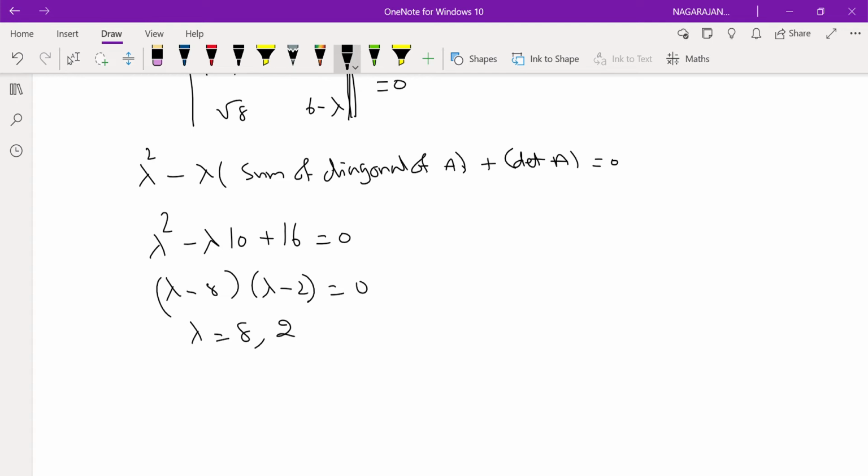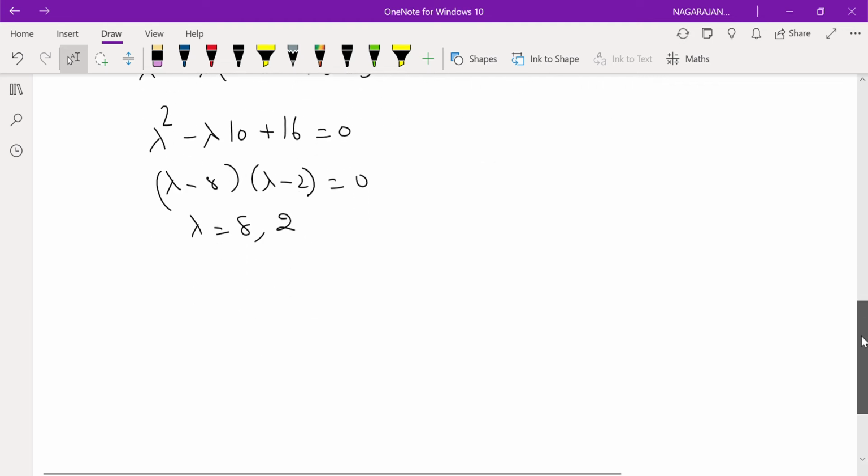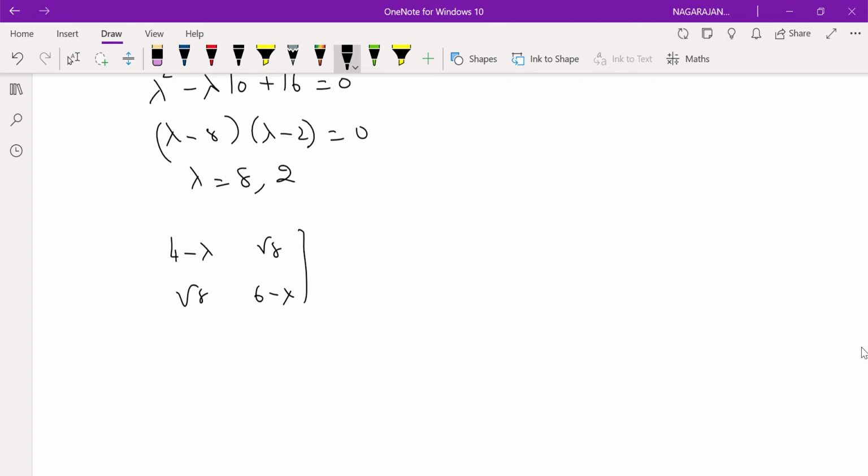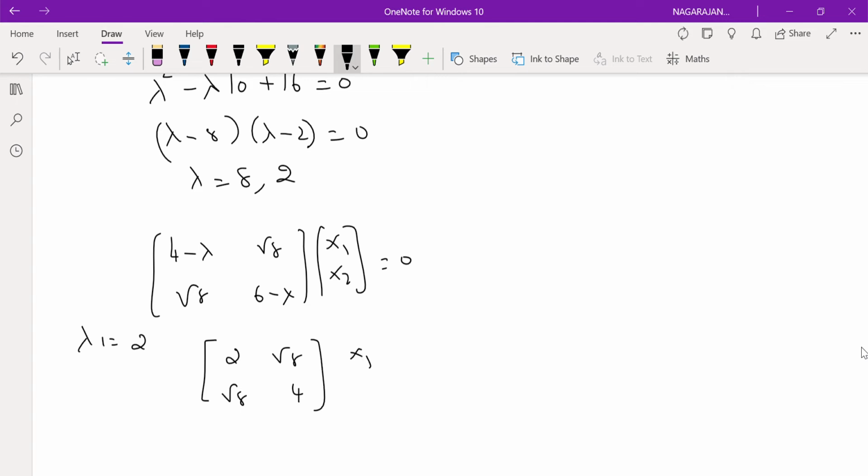Now find the eigenvectors corresponding to the lambdas. Here, (A minus lambda I) x equal to 0, with the matrix [4 minus lambda, square root of 8; square root of 8, 6 minus lambda]. First, lambda 1 is equal to 2. So 4 minus 2 is 2, square root of 8, square root of 8, and 6 minus 2 is 4, into x1, x2 equal to 0.